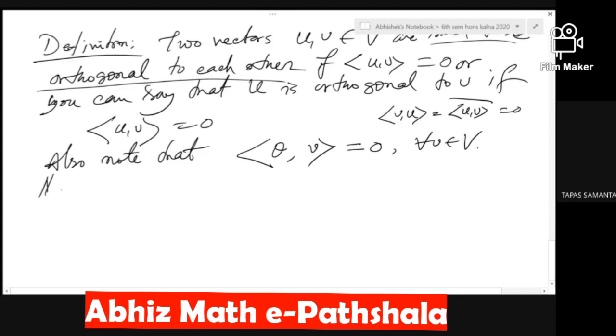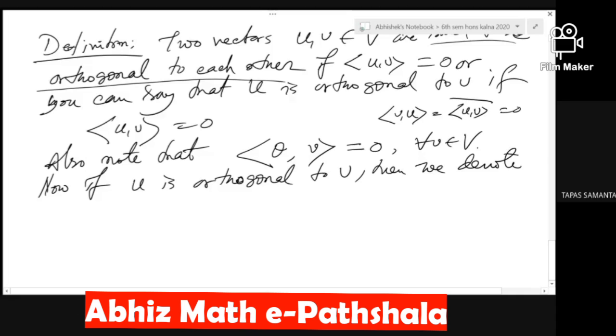Now, if u is orthogonal to v, then we denote it by u perp v. This stands for perpendicularity, perp.